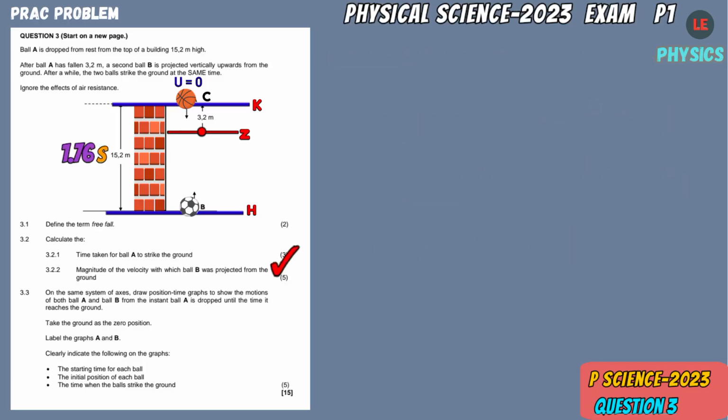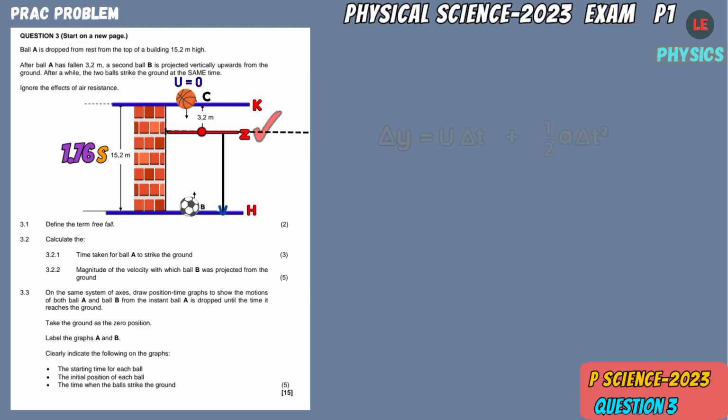Now we are instructed to calculate the magnitude of the velocity with which ball B was projected from the ground. Remember that ball B was projected when ball C had fallen 3.2 meters from a height of 15.2 meters. And both balls hit the ground at the same time, which means that the time ball C takes from this height to hit the ground will be the same for both balls.